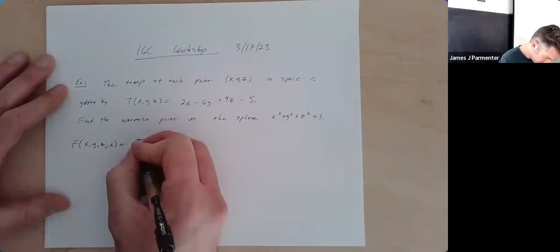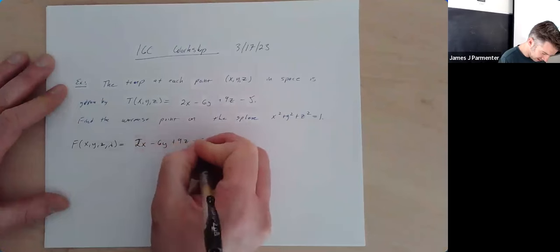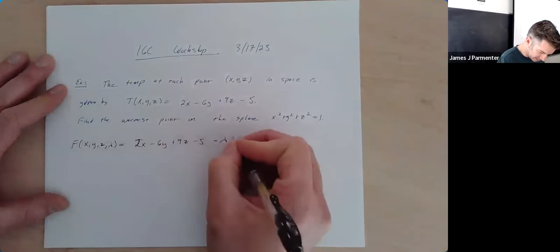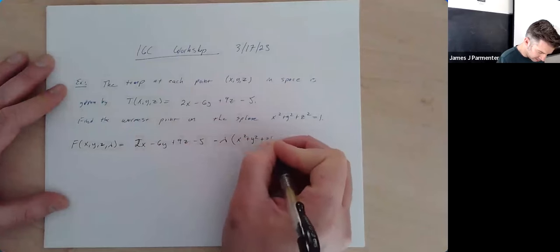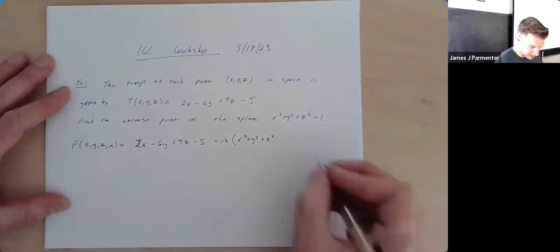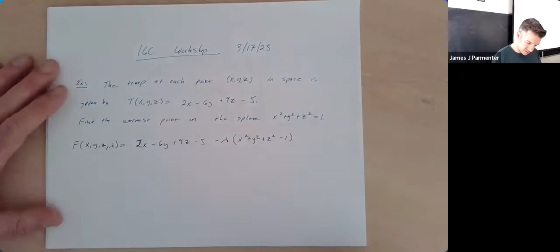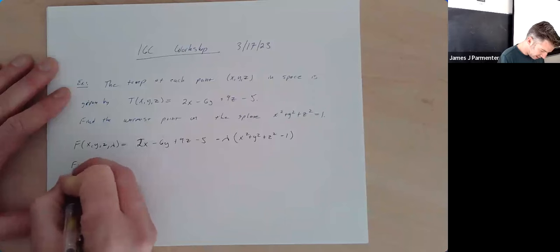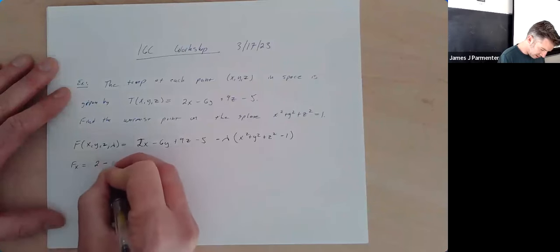So F = 2x - 6y + 9z - 5 minus lambda times g, which is x squared plus y squared plus z squared. You don't really need the minus 1, but fine. And then we find all the partials. So Fx is going to be 2 minus 2x lambda.